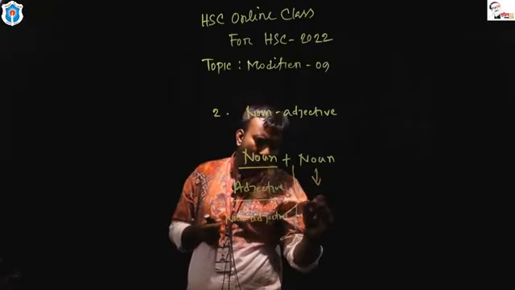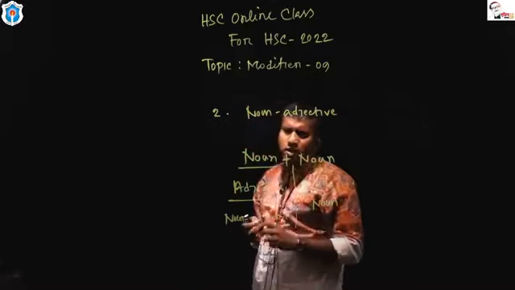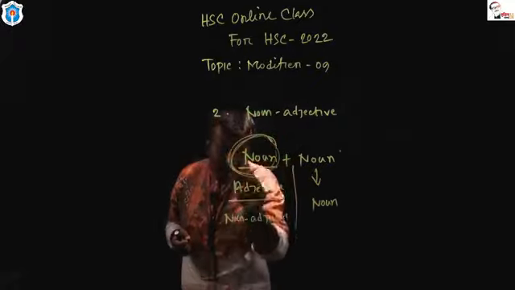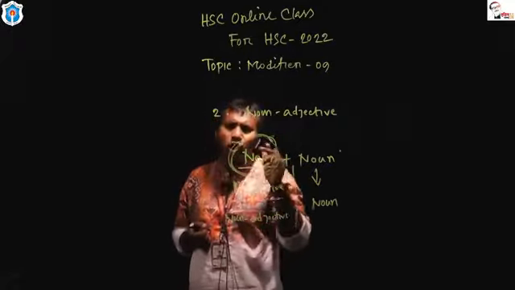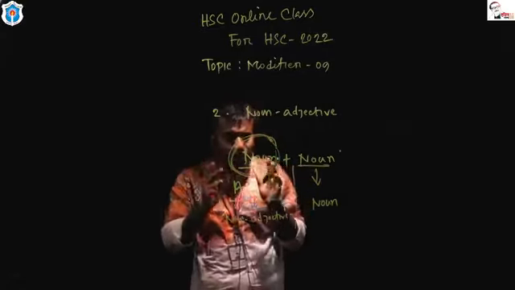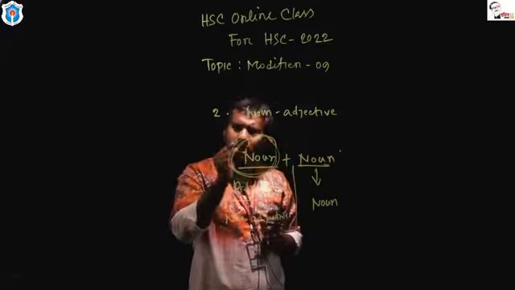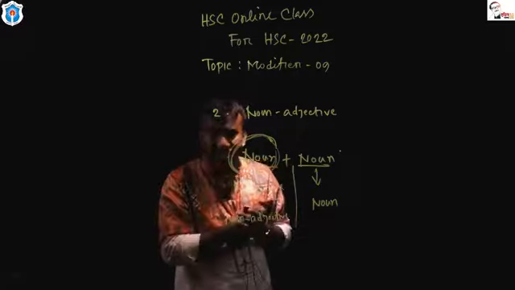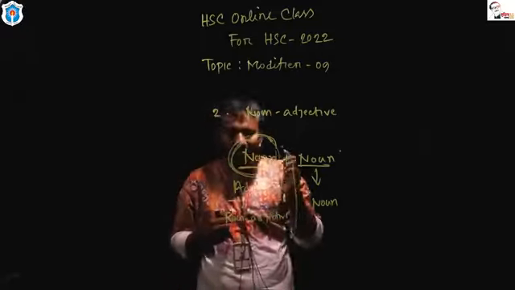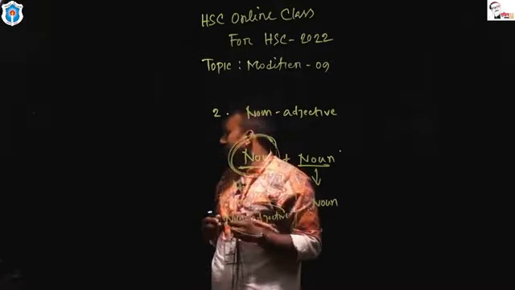This noun always works as noun. Is it clear to you, my dear students? When two nouns sit one after another, the first noun modifies or qualifies the second one. And if any species modifies a noun, that particular species must be an adjective. That's why we will call this noun an adjective, and ultimately the name of this adjective is noun adjective. Is it clear to you?